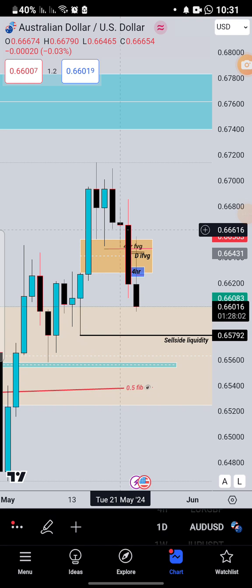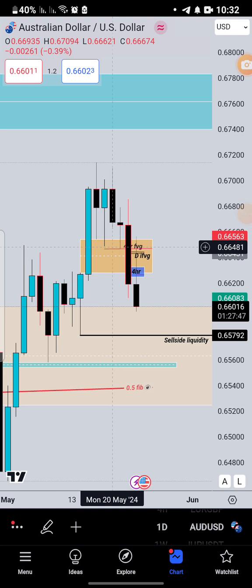So for it to be an engulfing candle in bearish scenarios, we have to see the previous day's high being taken. You can see over here the high was taken. Also, we have to see a candle closing below the opening and the closing price of the previous day.